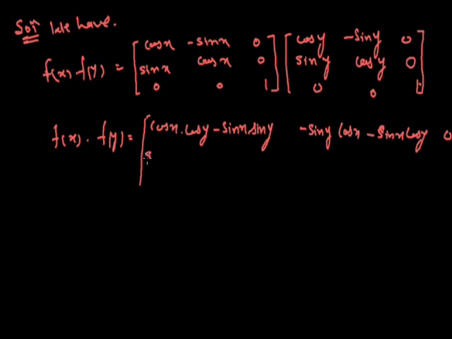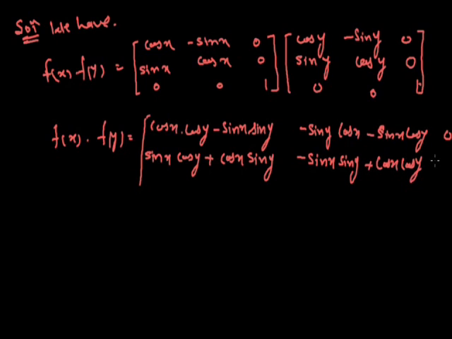Here again sin x cos y plus cos x sin y, minus sin x sin y plus cos x cos y, 0. Now here 0 multiplied with cos, 0 with sin, and 0 finally gives 0. Here also finally 0. Now 1.